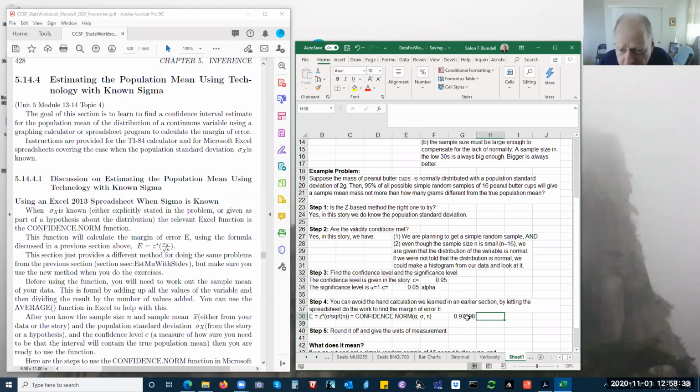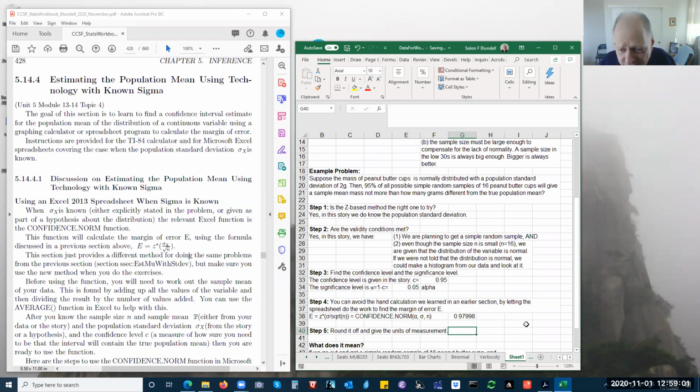Now, it calculates many digits. If I want to report the final result in the end, I'm limited by how accurate is the population standard deviation. So since it only said 2 grams, there was no decimal point up there. I need to round this off. I can show just 1 digit more.